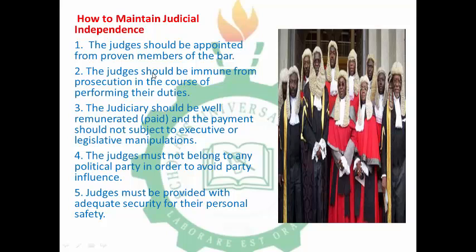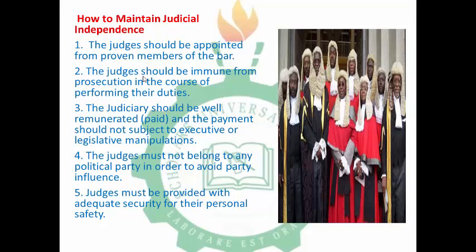So the other one is that the judges should be immune from prosecution in the course of performing their duties. When we say the judges should be immune, they are to be protected in the course of carrying out their functions and duties in the society, so that when they want to administer justice, no form of threat anywhere will stop them from pronouncing those who are guilty of their offences at the end of the day.